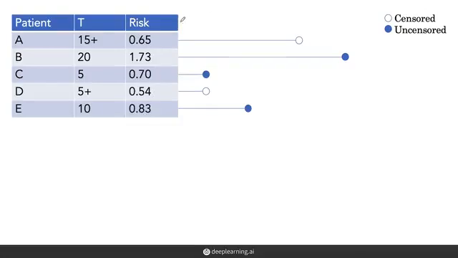Well, if we have a Cox proportional hazards model, remember that we had come up with risks such as 0.65 times lambda naught of t, and that could be this number over here.